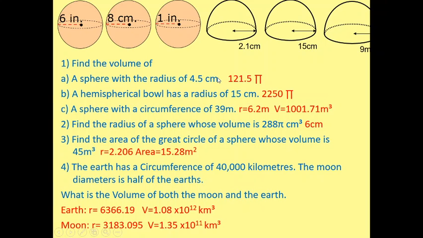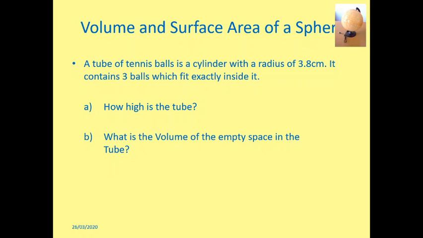And just be careful, if it's 4/3 pi r cubed and you're working backwards, let's say for number 2, the 288, you've got to divide it by 4/3, get your answer, and then cube root that.